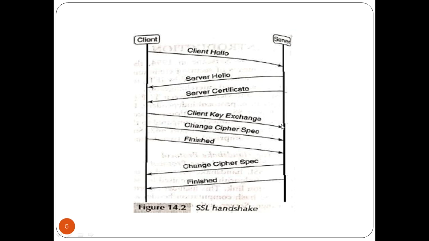Now there are 6 secrets we are going to derive: an initialization vector for encrypting messages from client to server, an initialization vector for encrypting messages from server to client, a secret key for encrypting messages from client to server, a secret key for encrypting messages from server to client, a secret key for computing a keyed hash on messages from client to server, and a secret key for computing a keyed hash on messages from server to client.